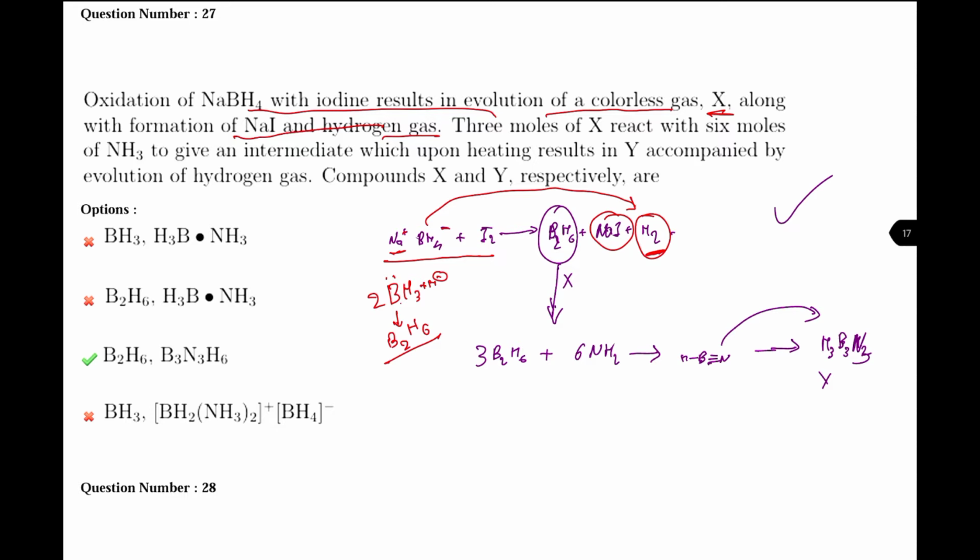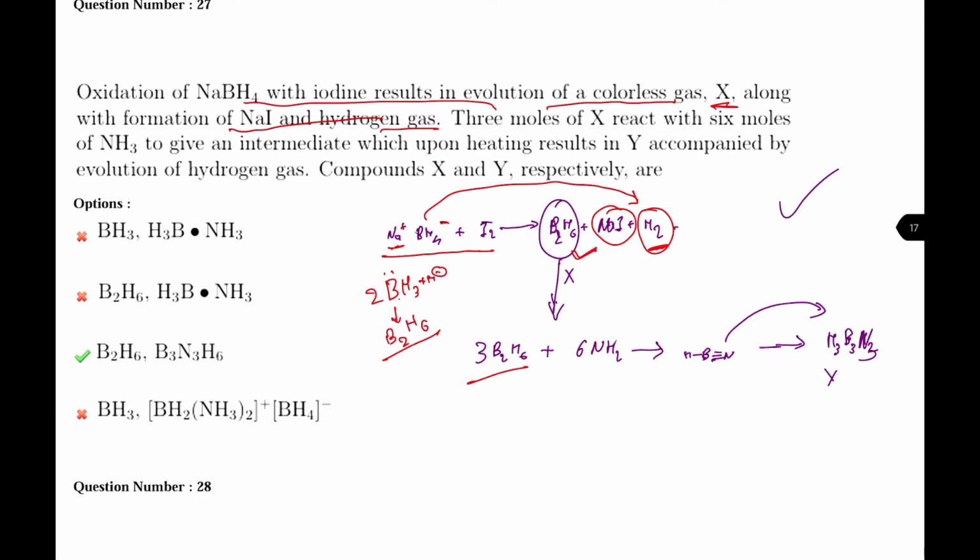So the question was, it forms colorless gas X, which is actually diborane. Then this X reacts with 6 moles of NH3. This is also a very famous reaction which immediately gives product Y accompanied by evolution of hydrogen gas, where the intermediate is HBN, B triple bond N, which finally gives H3B3N3, right?